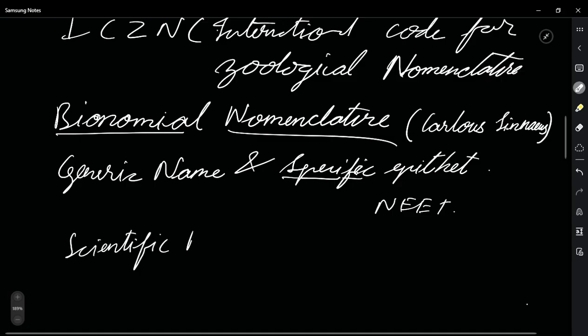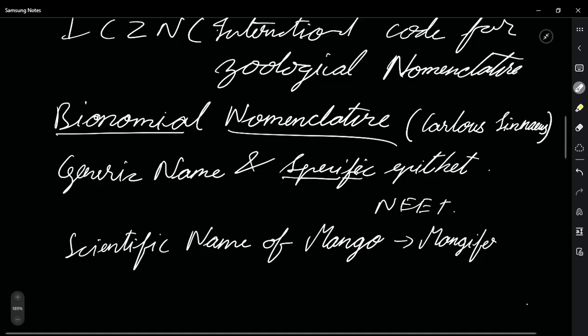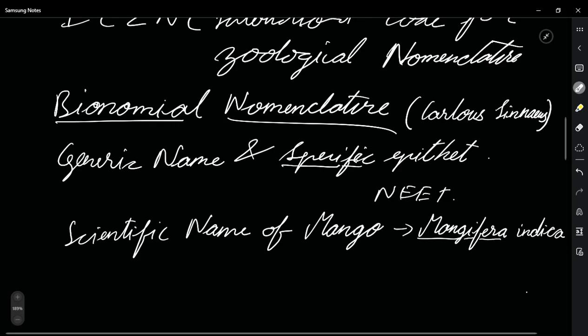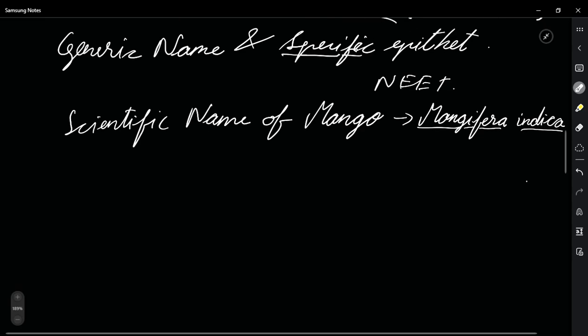It is Mangifera indica. Yes, you got it right. In this, Mangifera represents the genus and indica represents the specific epithet.